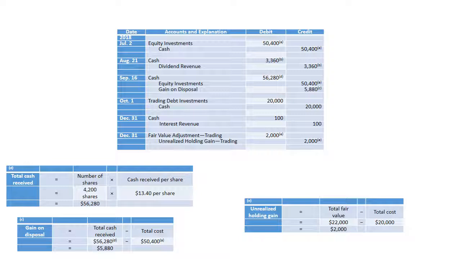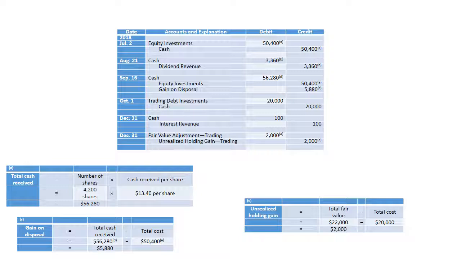They received $56,280 on the sale for something they only paid $50,400 for. So the difference will be credited to an account called gain on disposal. So just like when you sell any other asset for more than what it's carried for on the balance sheet, and that will be $5,880.